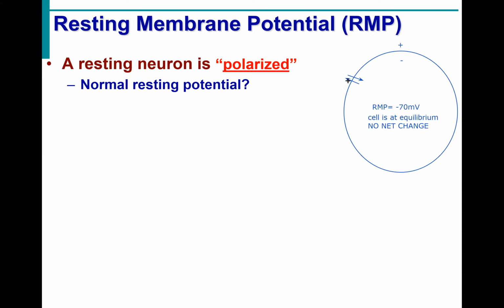Lots of things move. The movement doesn't stop. What stops is that there is no net change. So for every positive thing that comes in, a positive thing leaves. For every negative thing that leaves, a negative thing comes in. There is no net change. And at this point, our cell is happy. The cell is at equilibrium. The cell is not changing. The cell is happy.